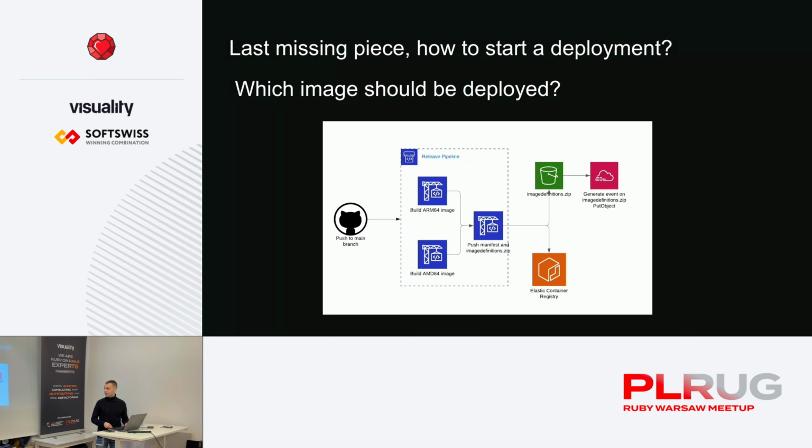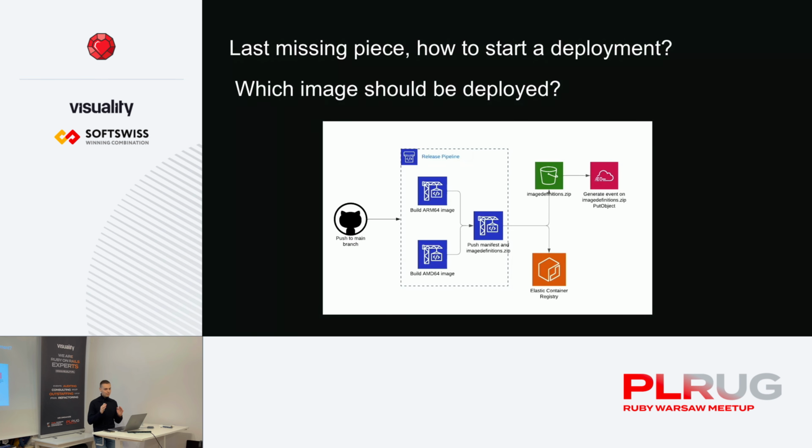And in this case, you can see images being built, for ARM and AMD, which I won't go into detail on, but basically you would build your Docker images and push them into Elastic Container Registry so they can be used later on.